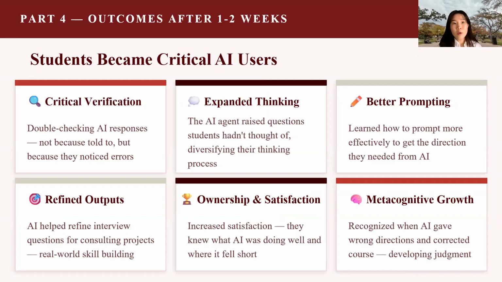And so the outcome after 1 or 2 weeks of implementing the AI agent in their consulting project is that students became critical AI users. For example, they double-checked AI responses, not because we as instructors kept telling them that they are the supervisor and need to double confirm.